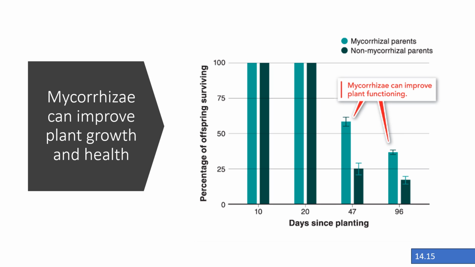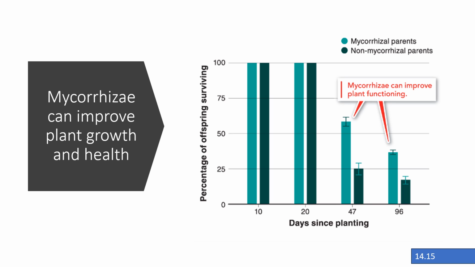This graph shows plants grown with mycorrhizae in turquoise and plants grown without mycorrhizae in the darker blue. On the y-axis, we have the number of plants surviving, and on the x-axis, we have time. You can see that early on, all the plants survive, but over time, some start to die off.